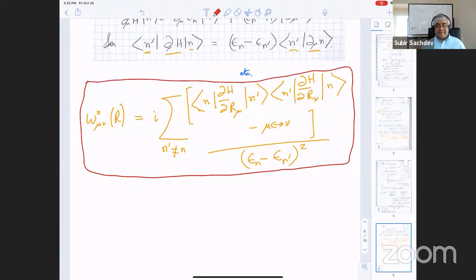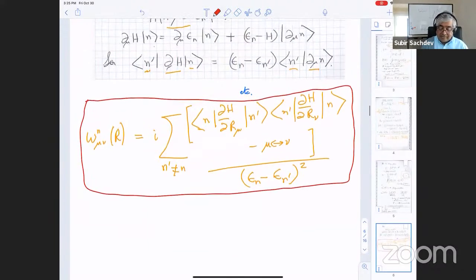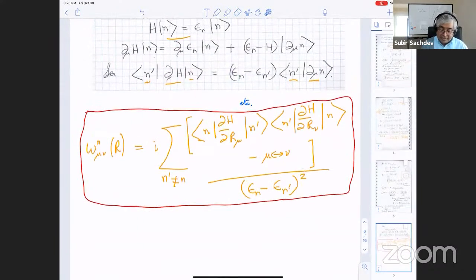Okay, so a very general discussion. As long as there's no degeneracies in your eigenstates, pick a Hamiltonian which depends on R, find all its eigenstates, then take the derivatives of the Hamiltonian and take the matrix elements between your eigenstates. And now you notice this is explicitly gauge invariant. If I change the phase of n prime, the phase over here will cancel with the phase over there. And similarly, the phase of n will cancel the phase of n there.